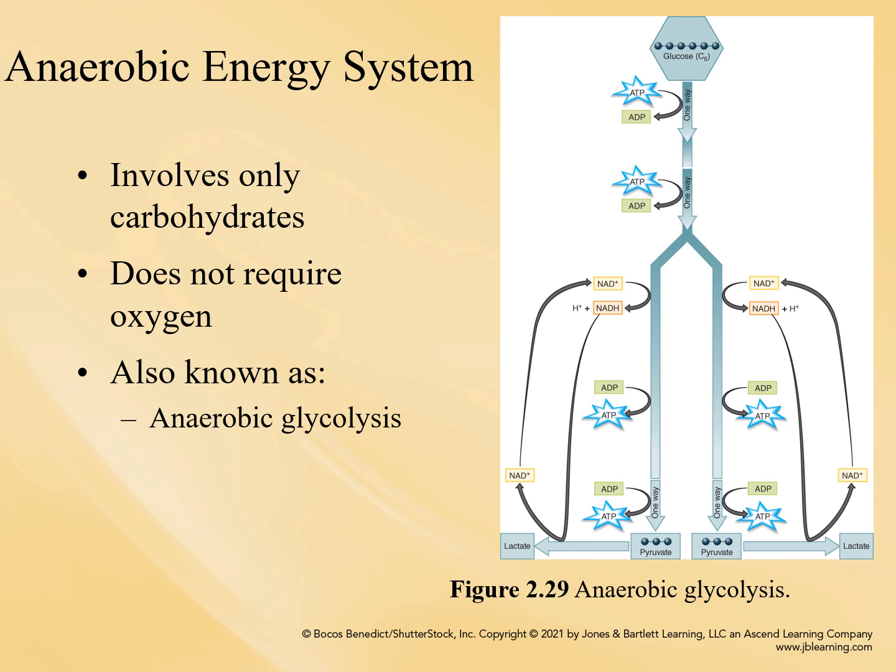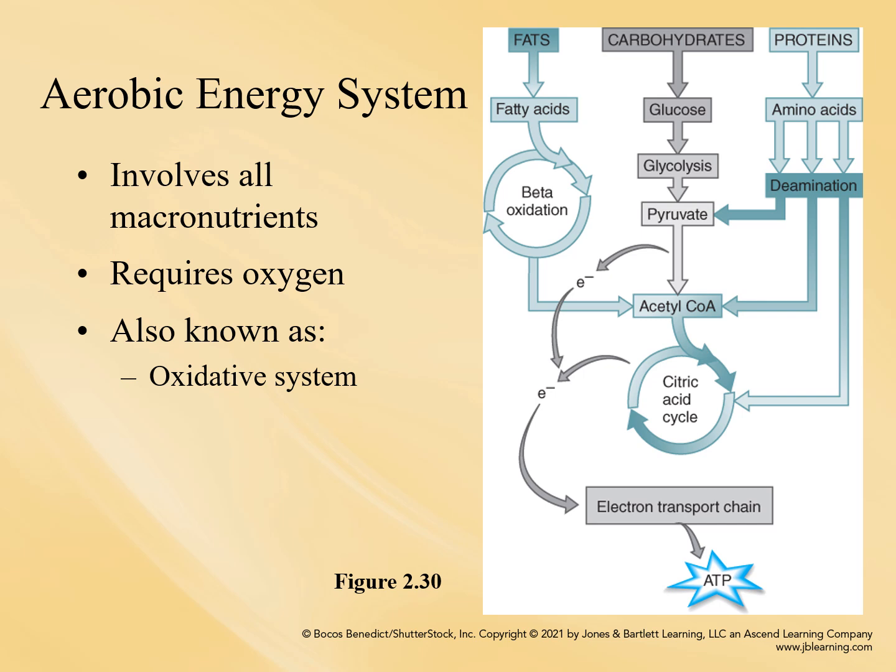It gets split into 2 halves, and you have the production of 4 ATP. So you have the cost of 2, production is 4, 4 minus 2 is 2. So it's not a big producer for ATP, but it's quick and it can contribute for rapid, higher intensity activity.